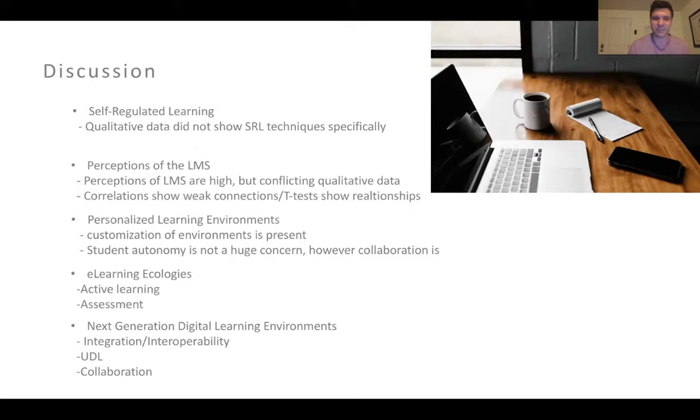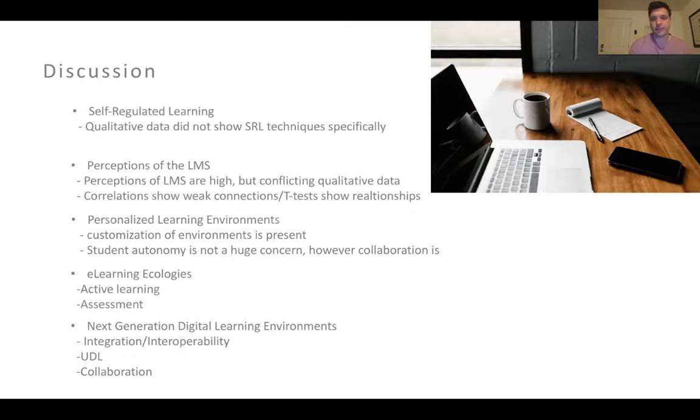So the two aren't mutually exclusive. I didn't find a whole lot of evidence in the qualitative data that supported the use right now of those tools for self-regulated motivations, so motivations in supporting self-regulated learning.